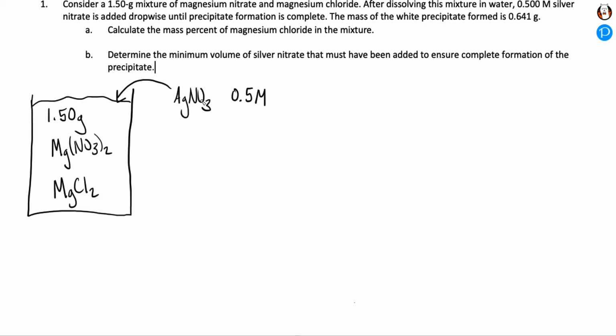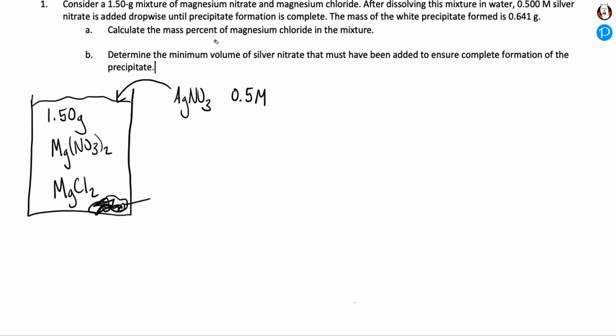That's the concentration of what I'm adding. They say that we make a precipitate then. So I add this AgNO3, and when I mix it with what I've gotten here, I make a precipitate, which is going to sink down to the bottom.